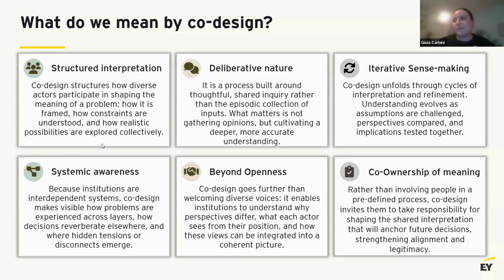But at the same time, co-design is a structured involvement of diverse actors in truly shaping how we frame the problems that we have. We try to understand together the constraints that we face, how trade-offs are negotiated, and how solutions can be iterated over time.